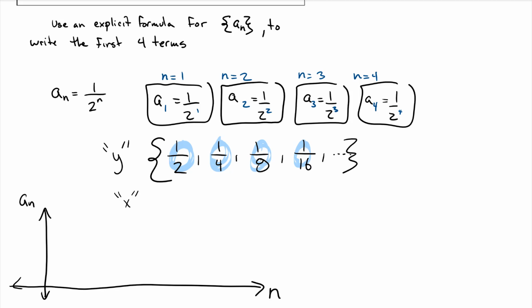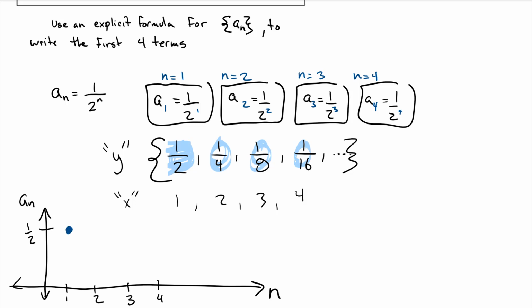They're not x's, they're n's: the first term, the second term, the third term, and the fourth term. So let's plot those out, with 1, 2, 3, 4. Our first term was 1/2, so I'll put in a 1/2 right here. There's our first dot.